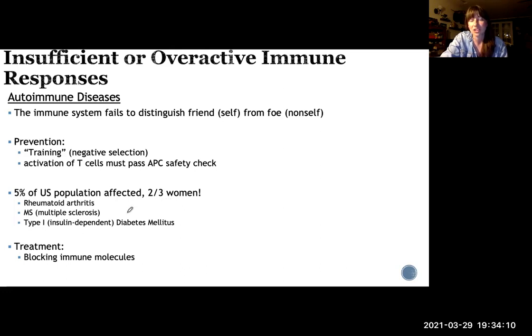So remember the myelin sheath is that white fatty substance that surrounds the axons of neurons and allows for the signal to pass through, which is why MS sufferers have a harder time with voluntary muscle control, among other muscle control. Type 1 diabetes, insulin-dependent diabetes.